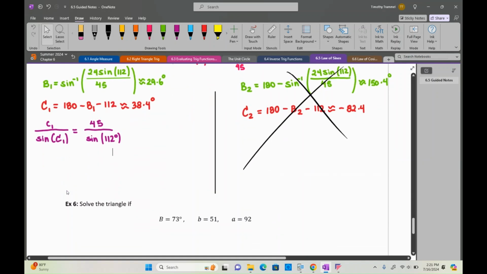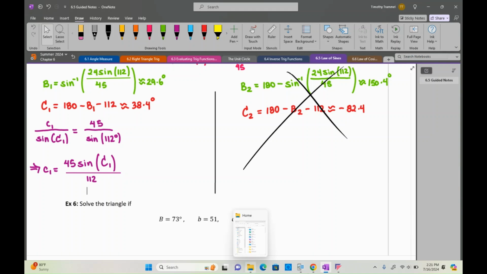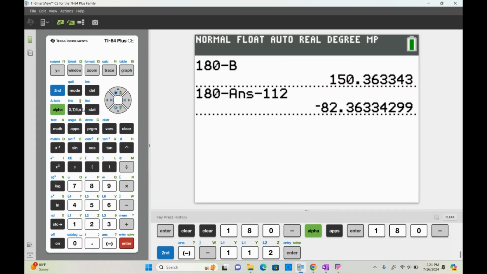And if we solve this for little c1, I'm pretty sure we already saved c1, but let's double check.